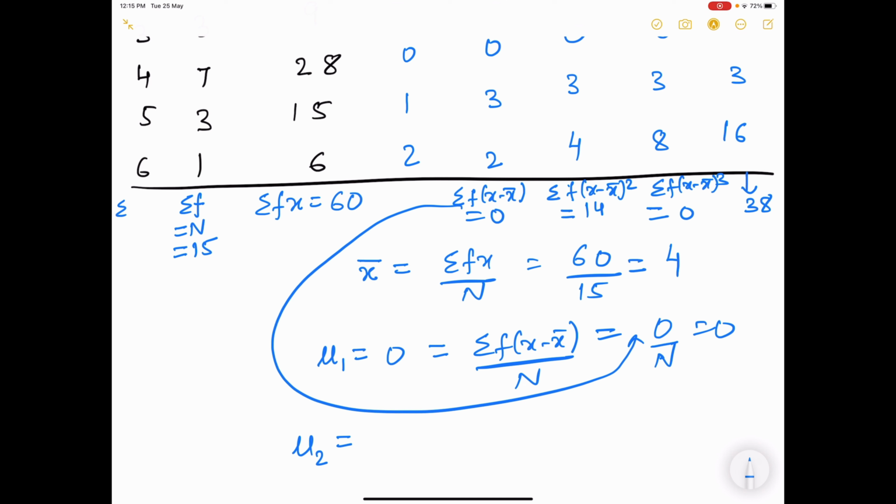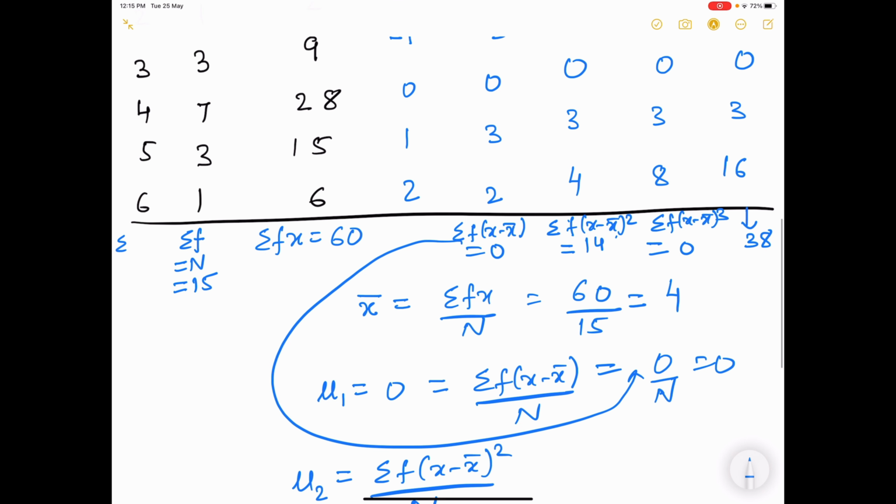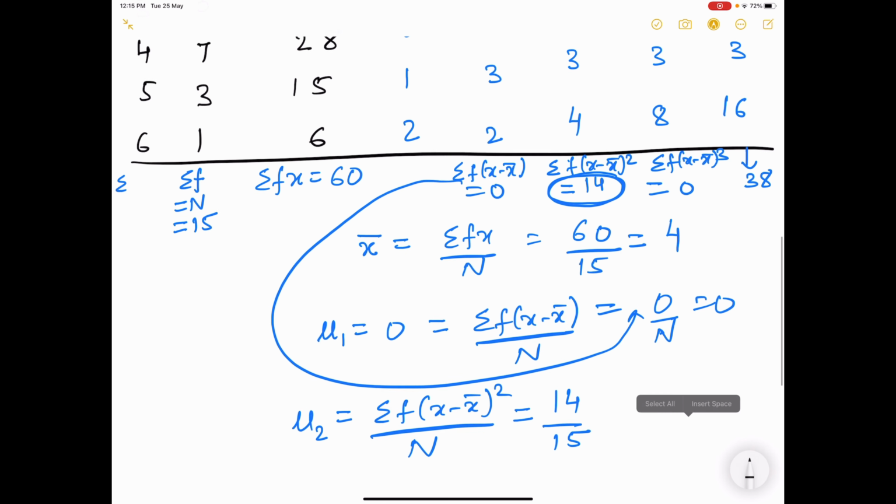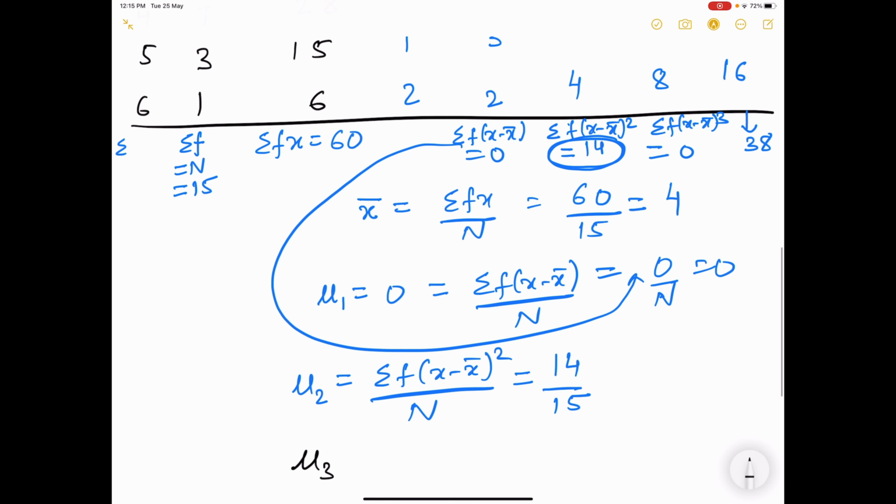Let us find the value of mu 2. See the symmetry of the formula. And this time I am going to use this 14 here, and this will be 14 upon 15. Let us find mu 3. See the symmetry of the formula again. Quite symmetrical the formula is. And this time I am going to use this one because it's coming out to be 0.